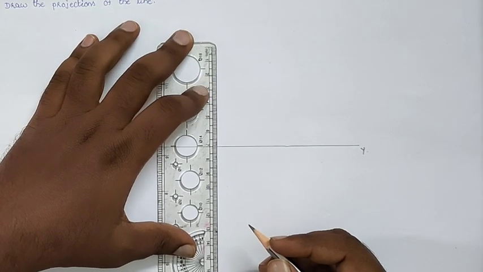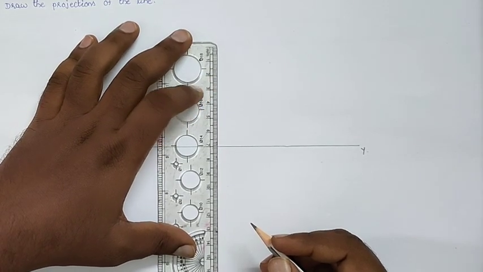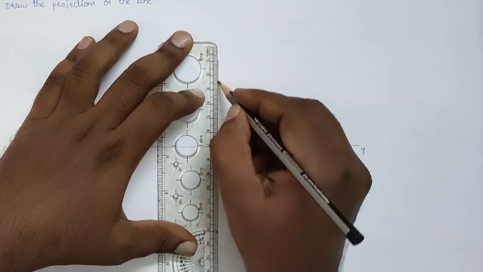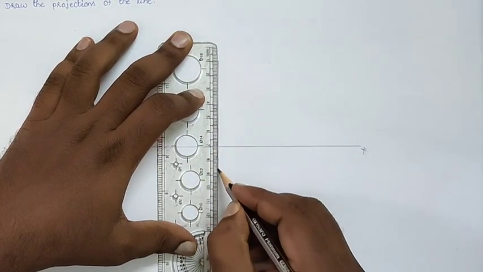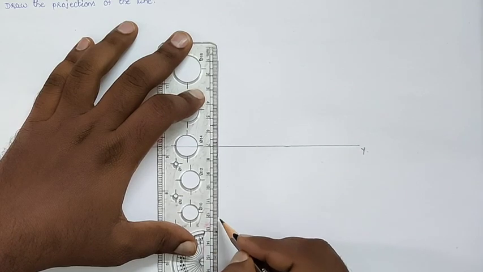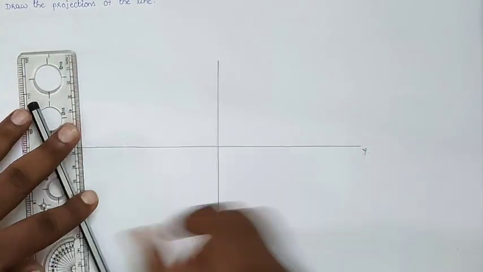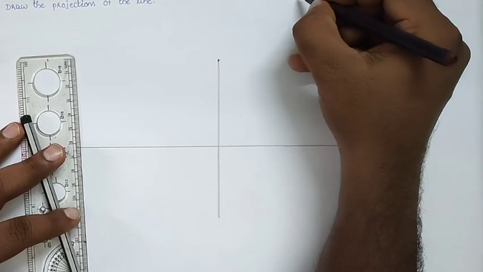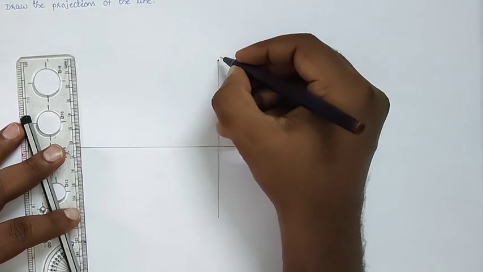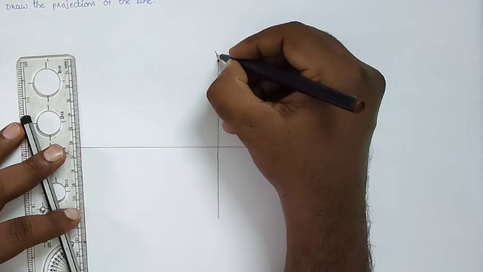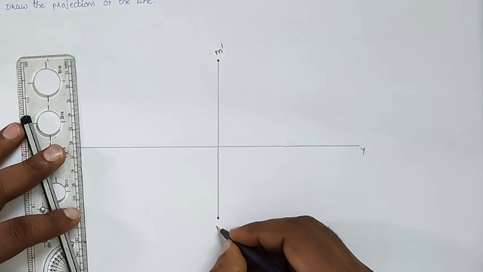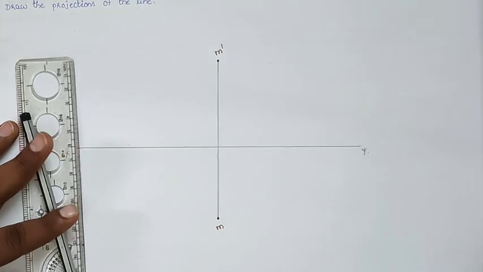The midpoint m is 60 mm above HP and 50 mm in front of the VP. So point M, capital M, is the midpoint of AB here. The front view of M is M dash and the top view of M is taken as small m.